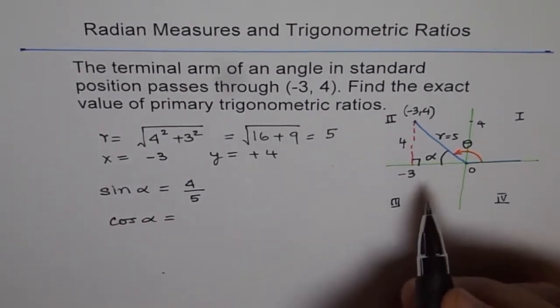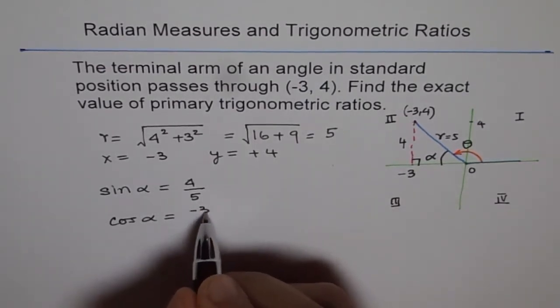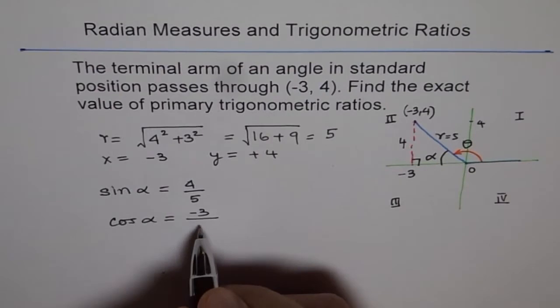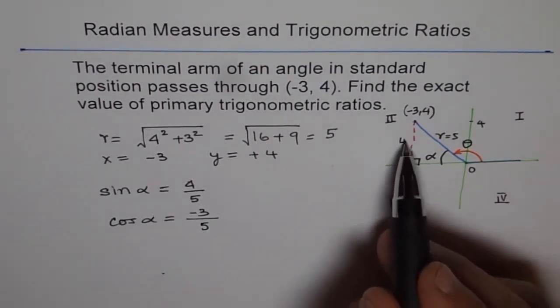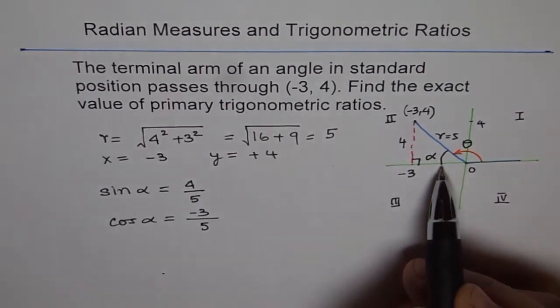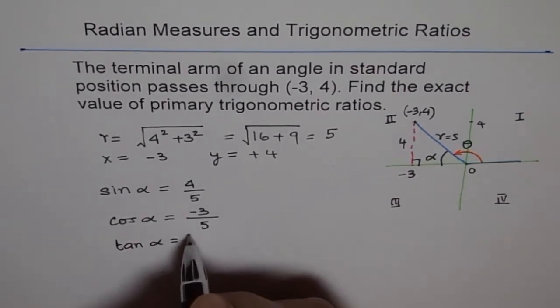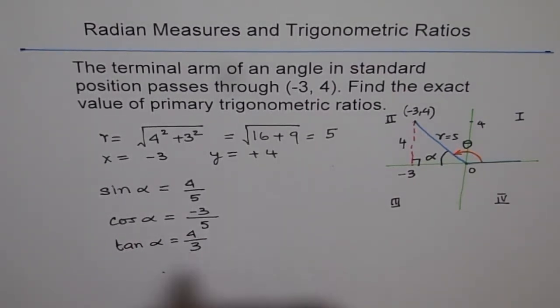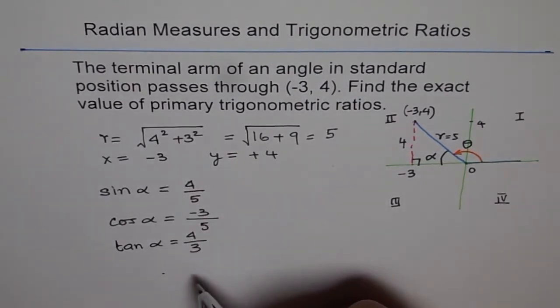Now cos of alpha is equal to the adjacent side, which is -3 here, over 5, correct? And tangent is opposite over adjacent side, which is 4 over 3. So these are the exact values of our primary trigonometric ratios, right?